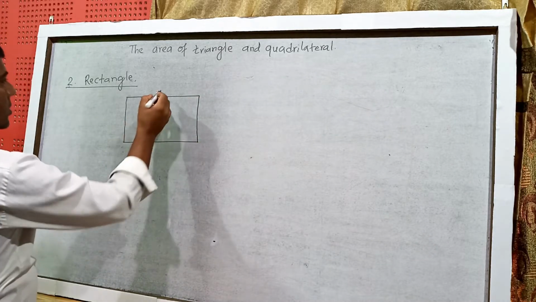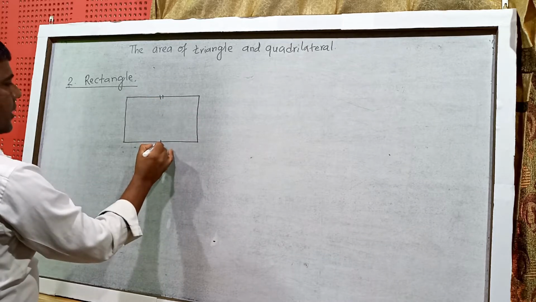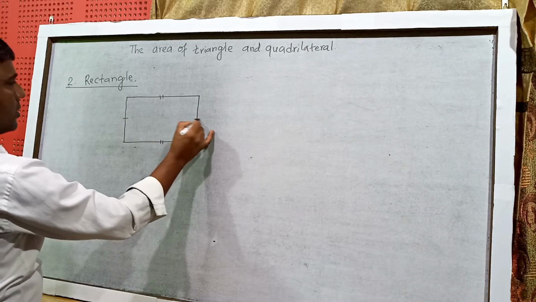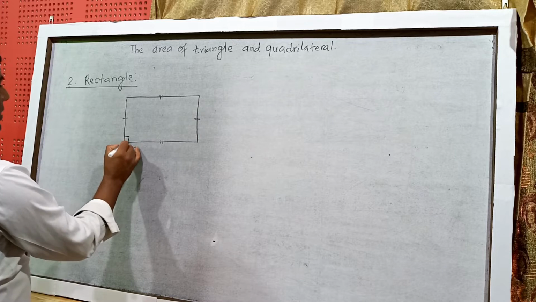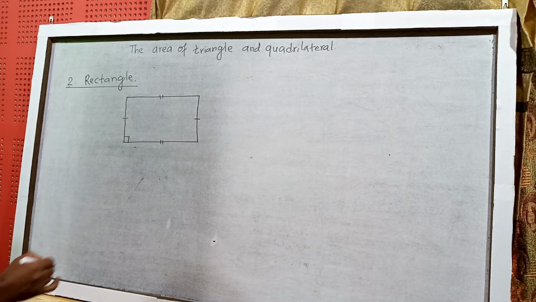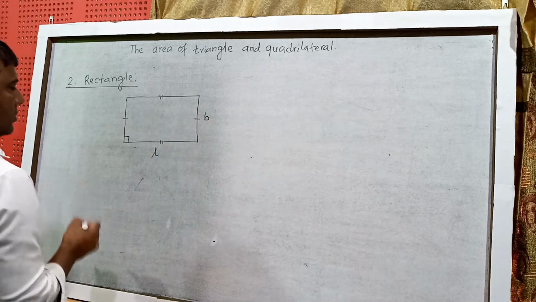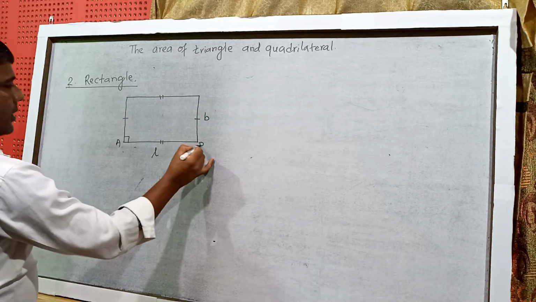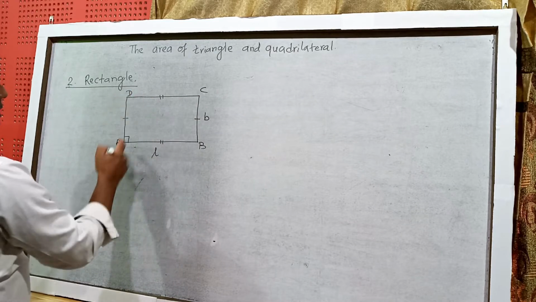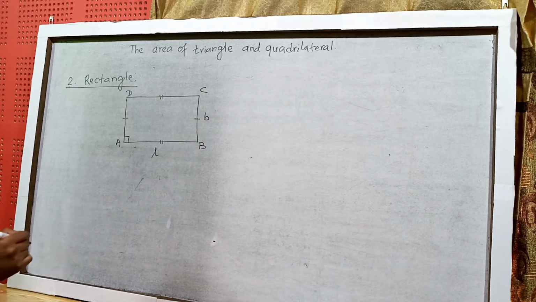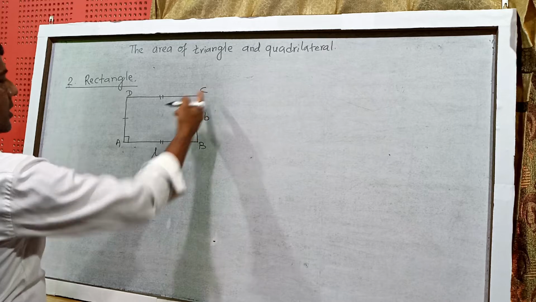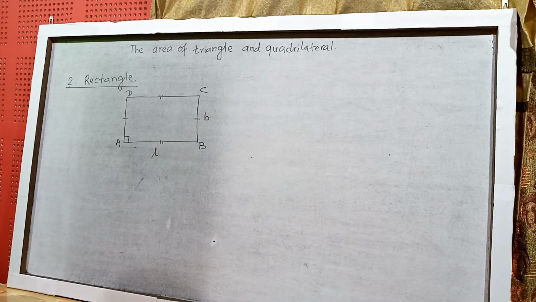We know the opposite sides of a rectangle are equal, and at least one of its angles is a right angle. It is the length and it is the breadth. In the rectangle ABCD, AB is the length of rectangle and BC is the breadth of this rectangle.